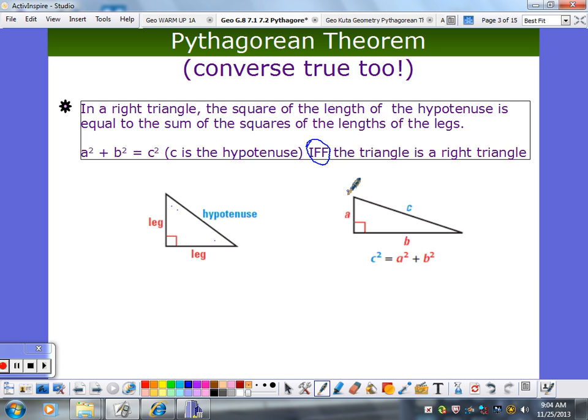So our theorem says that if you have a right triangle, then a squared plus b squared is c squared. Does it matter if it's a squared plus b squared equals c squared? Can I have b squared plus a squared equals c squared? Is that okay? Commutative property of addition here, just like what we saw in that distance formula. How about this?